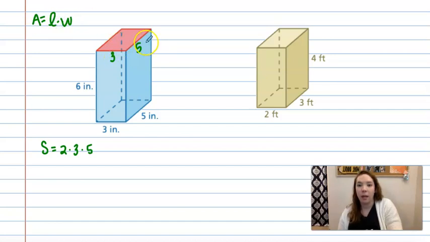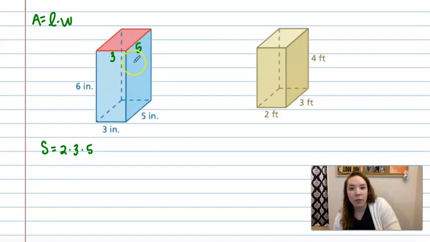So this is my 5 times 3, my length times my width. I know I have 2 of these sides, these tall sides. So I would have 2 5x6s, because if I go straight across, this is still a 6.